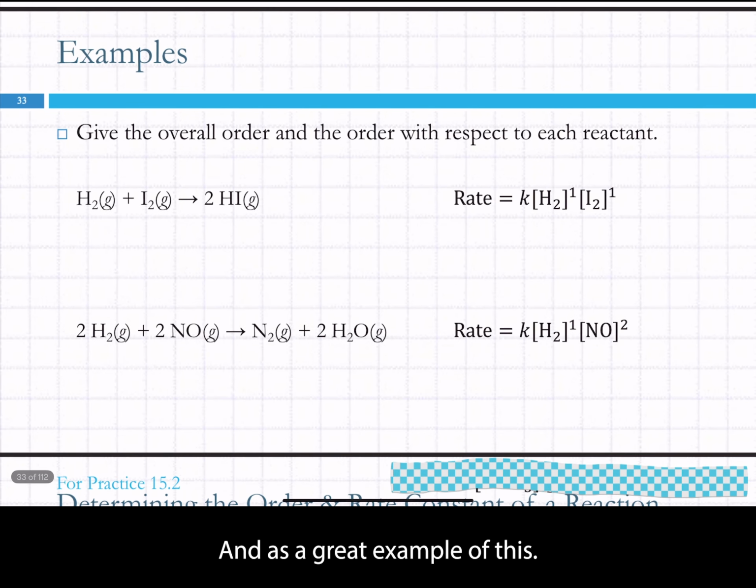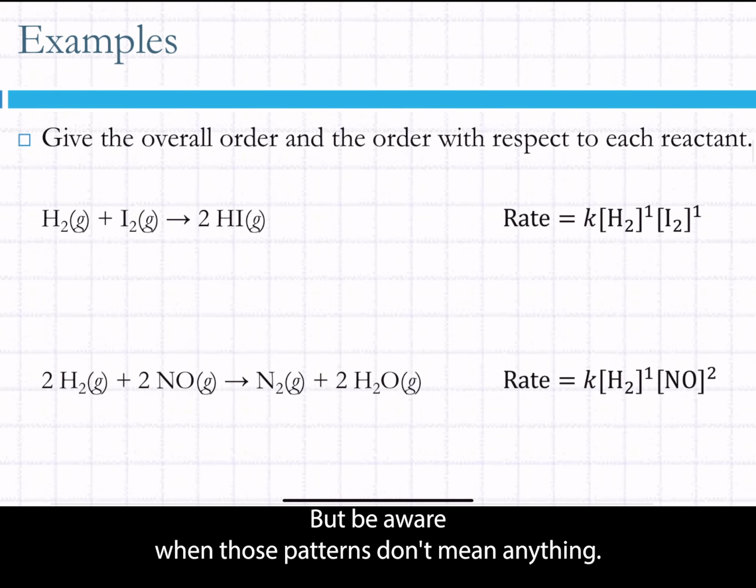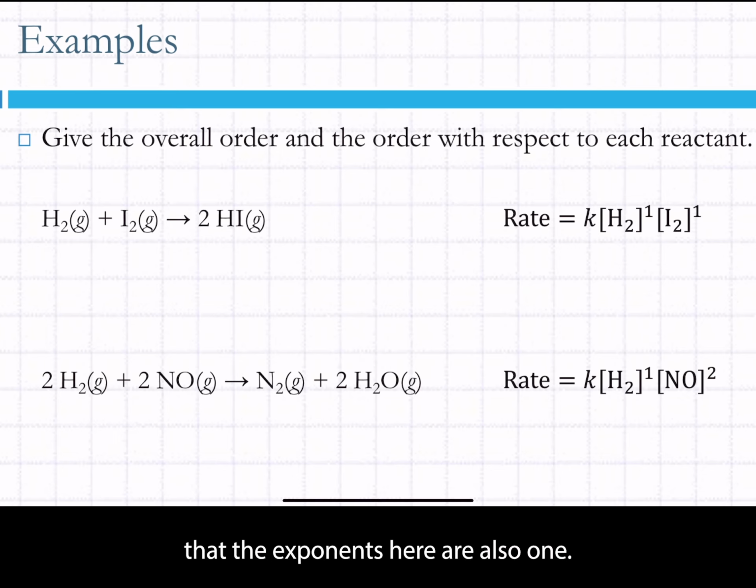As a great example of this, so first equation here, you should always be looking for patterns, but be aware when those patterns don't mean anything. So here, for example, I've got coefficients of 1. It is complete coincidence that the exponents here are also 1. It's just a coincidence.